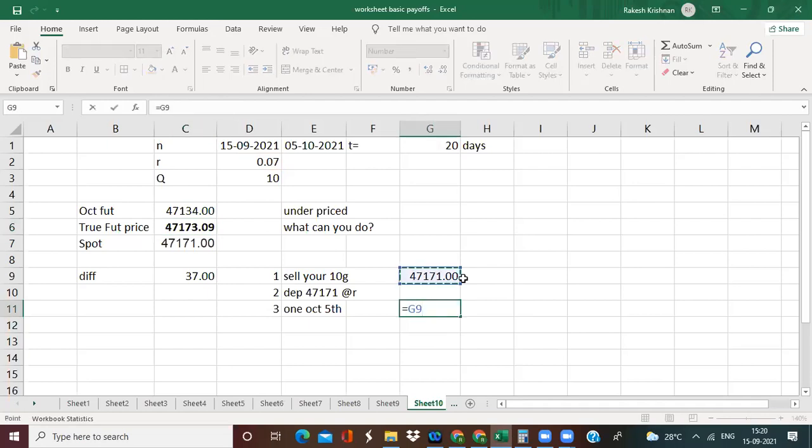So once again, this plus this is the lesser amount divided by R, and R is 7%, by 365 days.